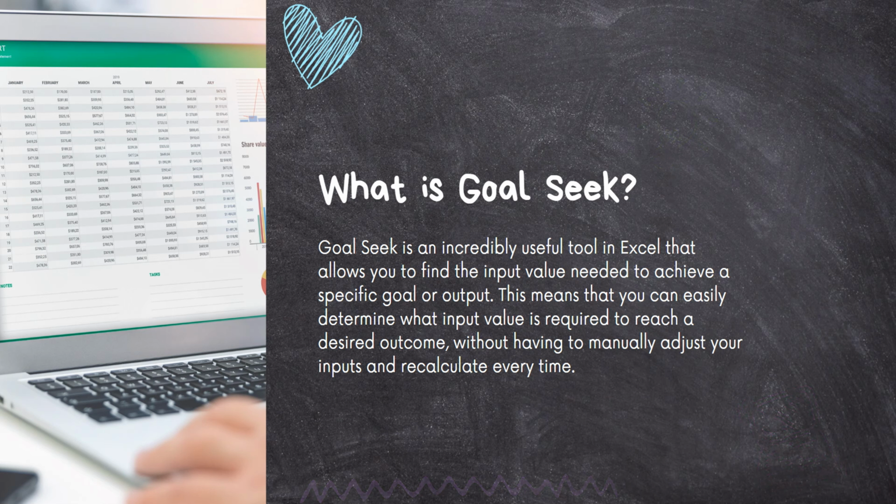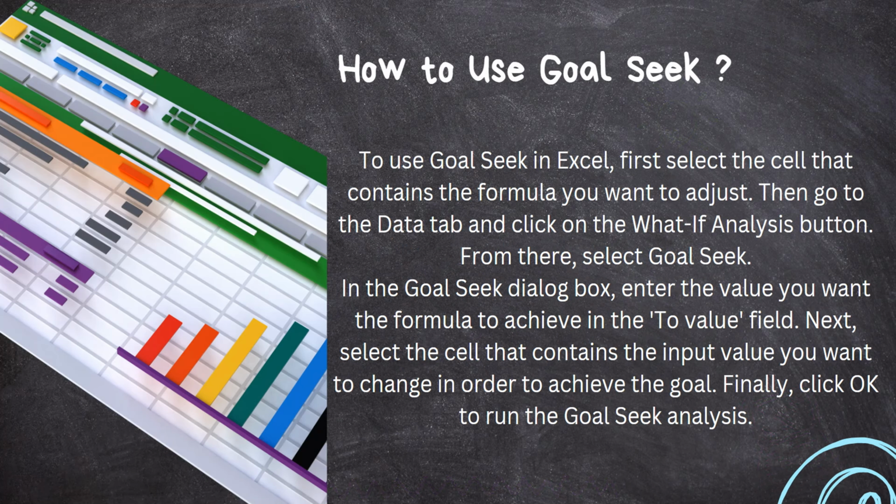Now, how to use goal-seek? To use goal-seek in Excel, first select the cell that contains the formula you want to adjust, then go to the Data tab and click on the What If Analysis button. From there, select goal-seek.